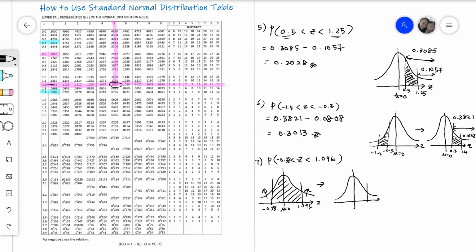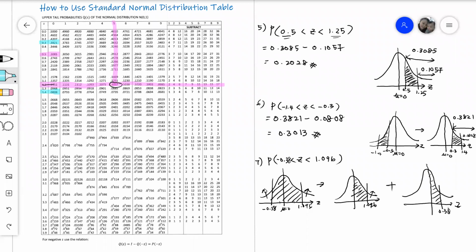I will take the 1.096, and then add the area that is flipped over of 0.38, in between. So we have to find the upper tail of 1.096.